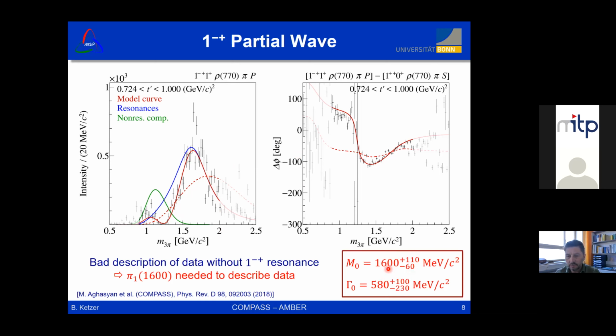So mass at 1.6 GeV with a very wide width of 580 MeV. The dashed curve shows the fit without the pi1(1600), while the red curve is the fit including the pi1(1600).